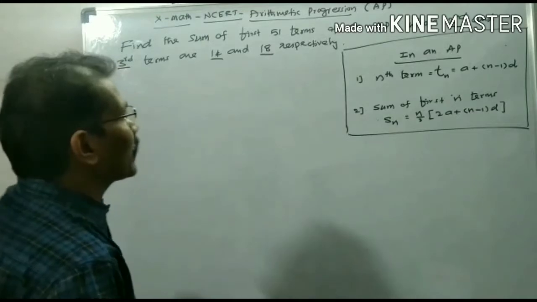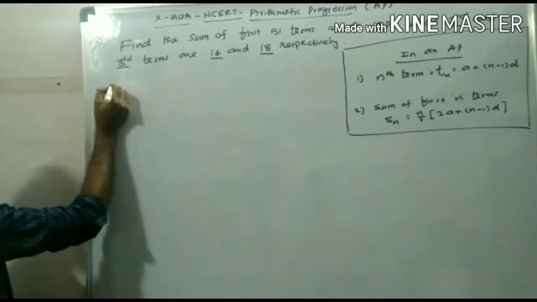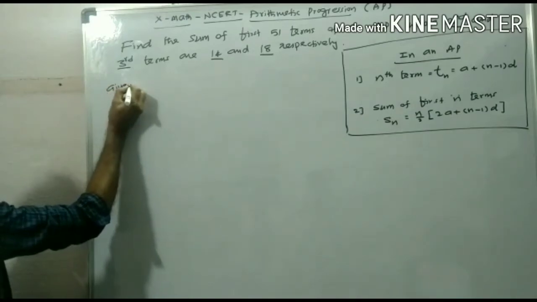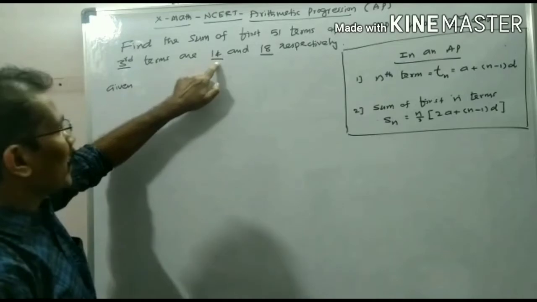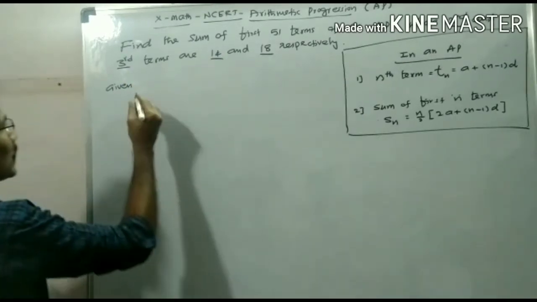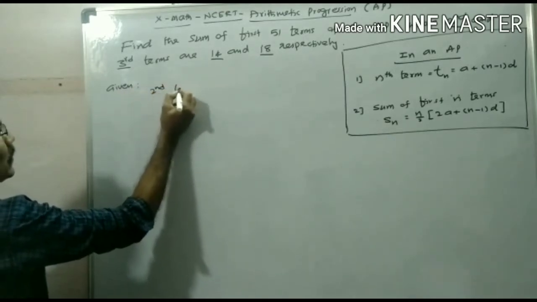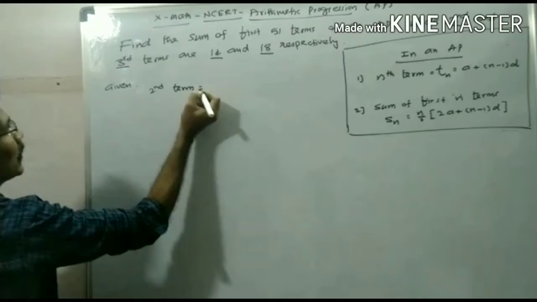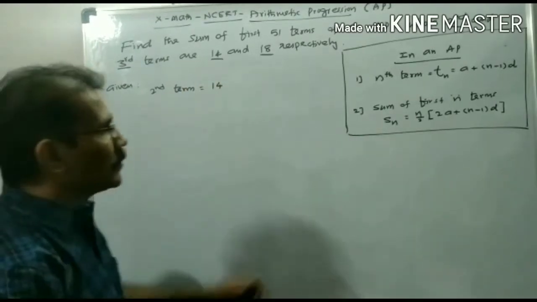Then coming to our question. First let us take the given information. It is given that the second term is 14 and the third term is 18. Taking the second term, which is equal to 14, how do you write the second term?